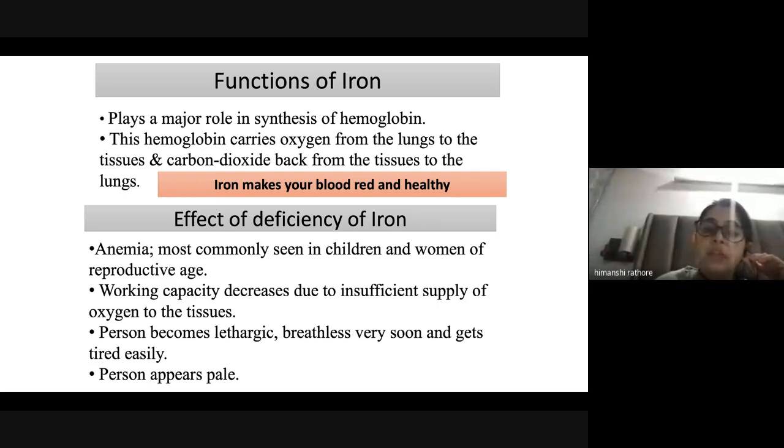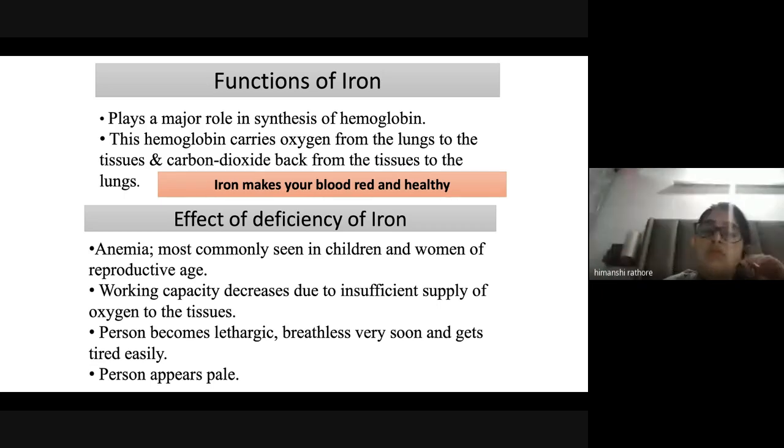And in children, anemia is seen if they are malnourished, if their diet is poor in iron, and they are not taking iron in good amount. Then they become pale in color, and anemia happens to them. Anemia is a condition where they become tired, have poor efficiency, and they are stunted.